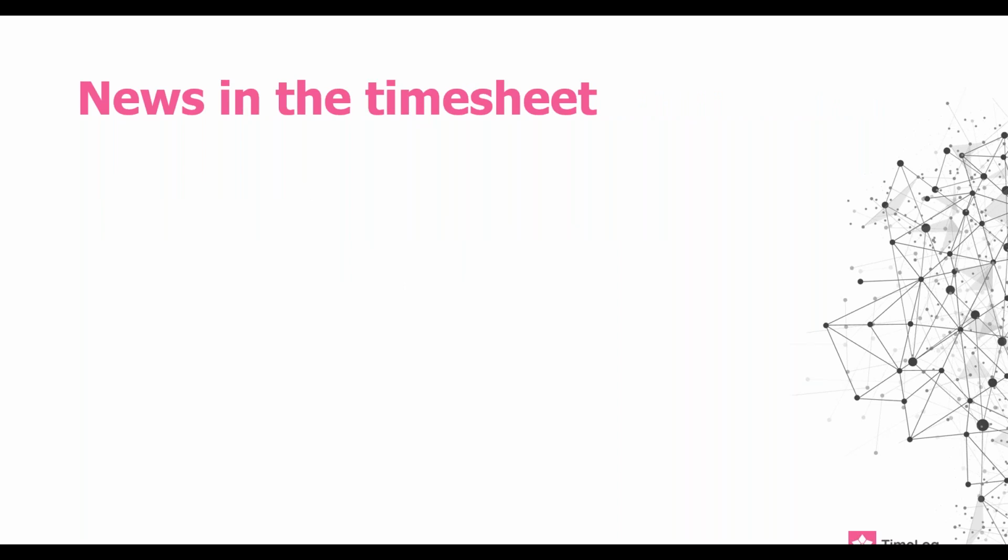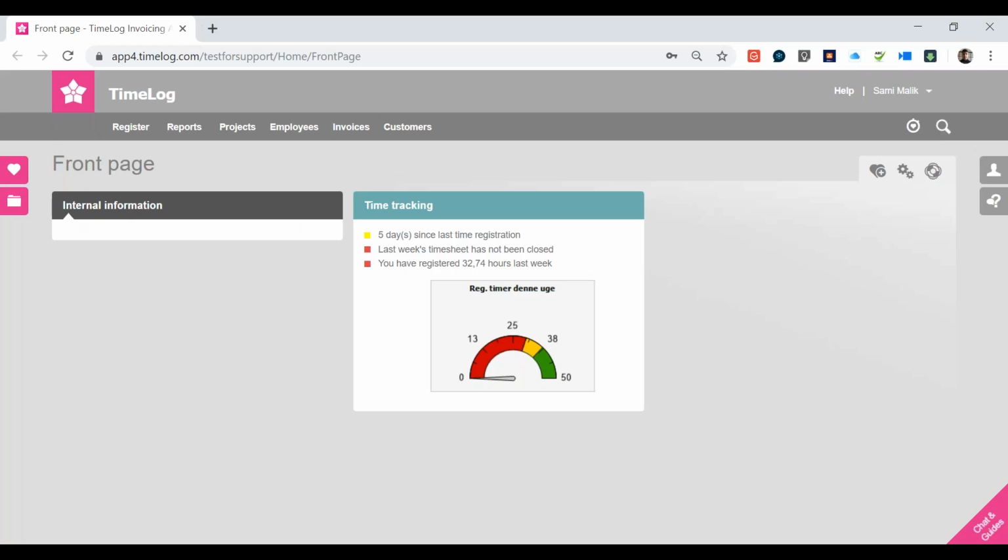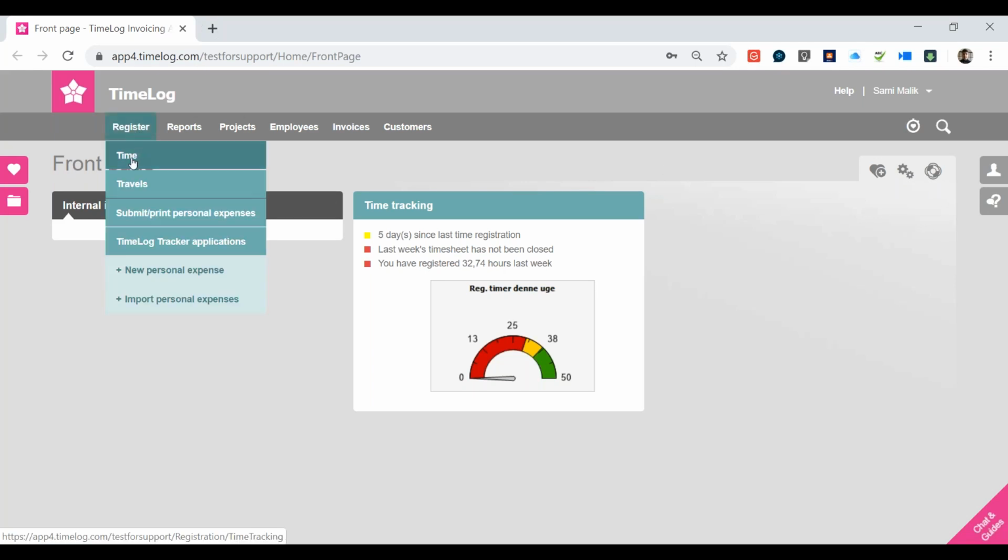News in the timesheet. We have made week numbers available in all calendars in the system. So when choosing the time span in timesheet, or when choosing the time span in approved time, or any other calendars, you will see that we have the week numbers in the calendar. Let me just show you. So I'll just switch to my screen here. You should see my TimeLog version, and let's just head into, for instance, the time.